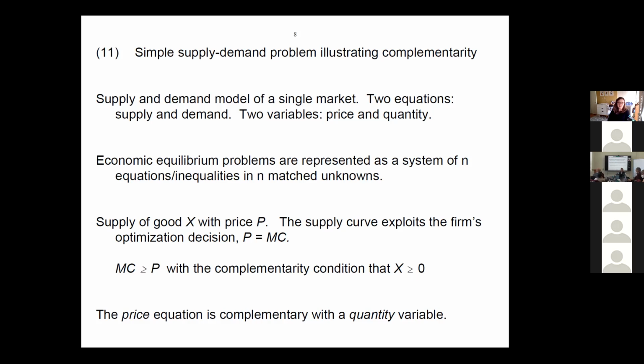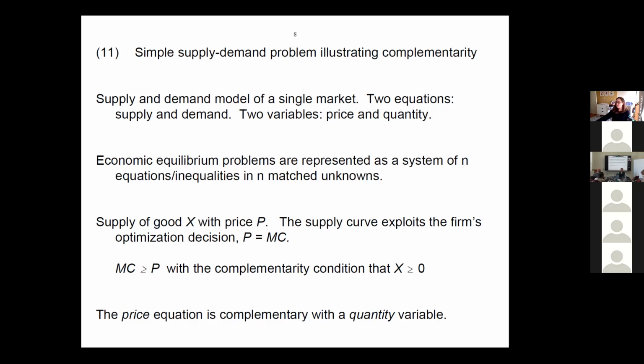For first year undergraduates, we were taught that marginal cost equals price is the optimization condition. Here it's a little more complicated. You'll see why. We want to say marginal cost is greater than or equal to P with a complementary condition that X is greater than or equal to zero. In a model with a number of technologies, you may only use one of them, the most efficient one.